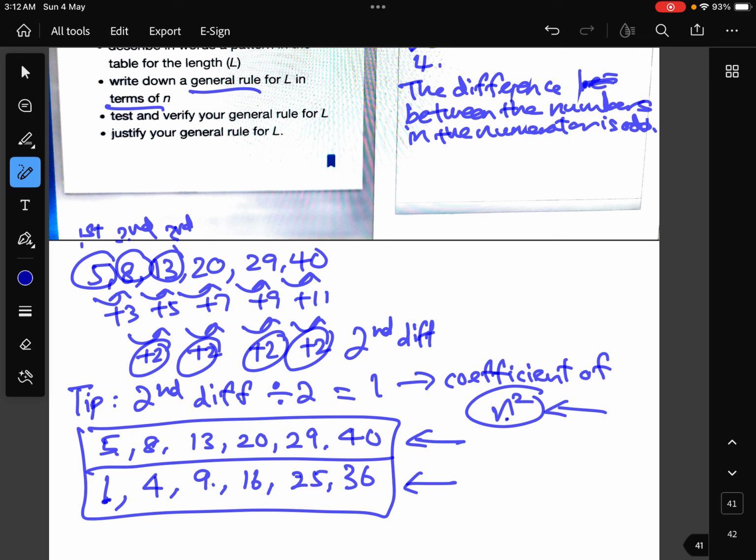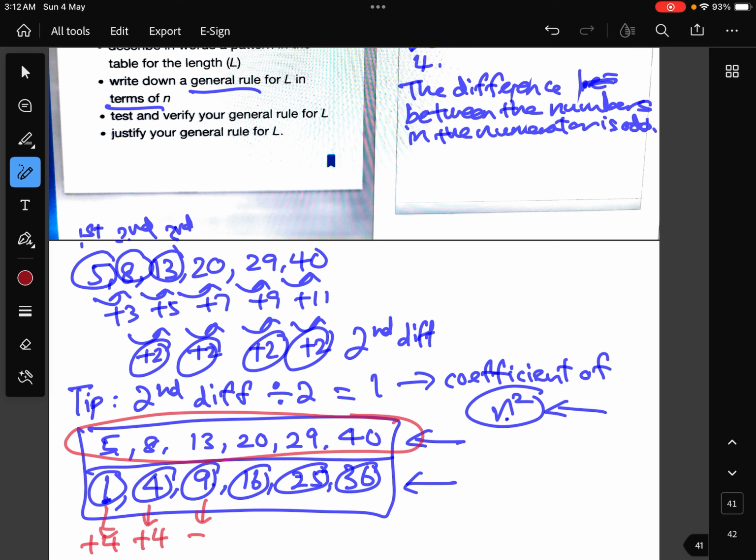So if I want to get these numbers to be the same as what was originally given in the question, all I need to do is add 4, add 4, add 4. And that's going to give me the numbers in the first row. That typically gives me the general rule, which is basically n squared plus 4.